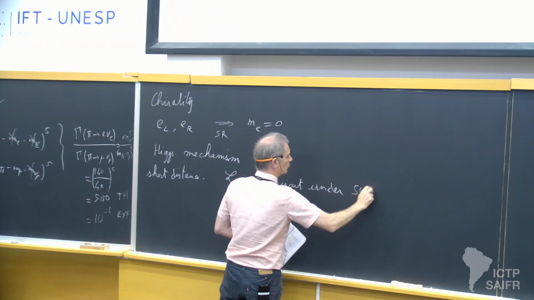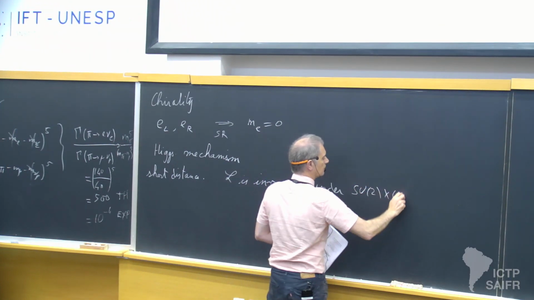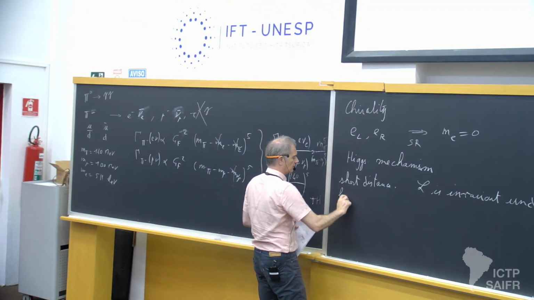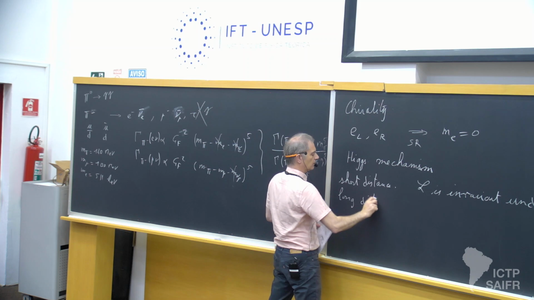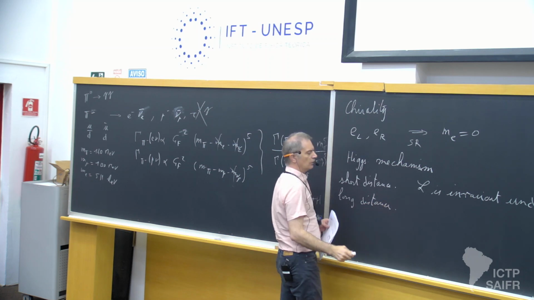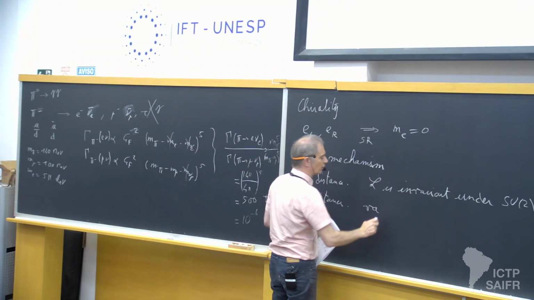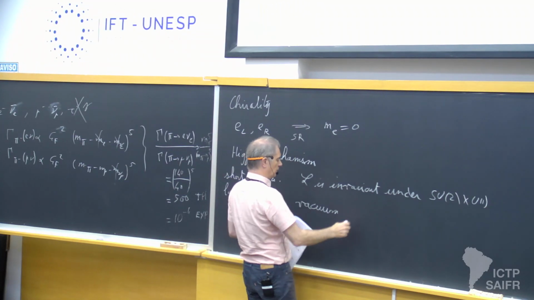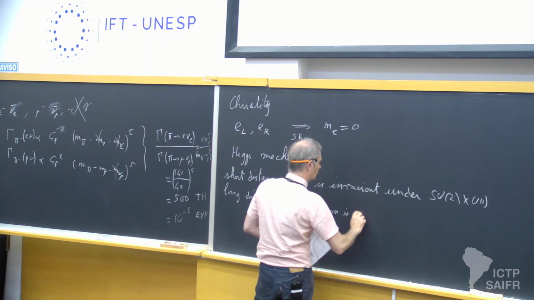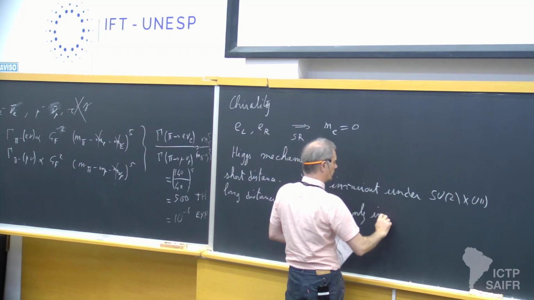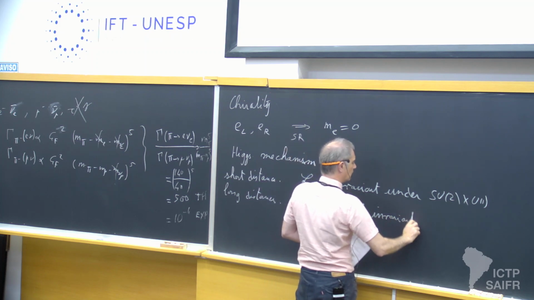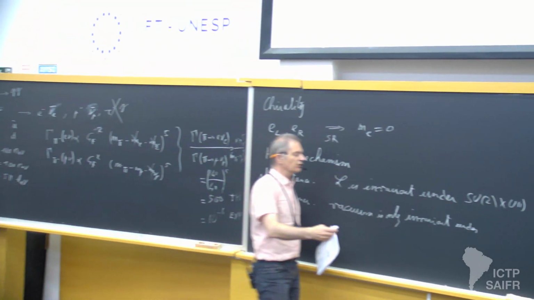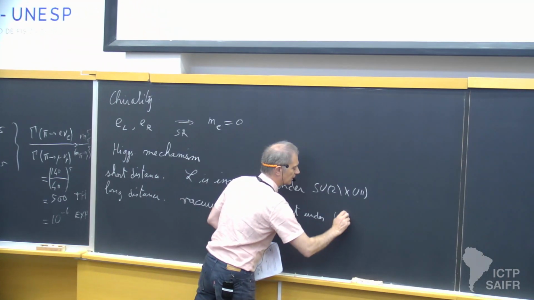But the vacuum, so the long distance, the vacuum is actually breaking some of those symmetries. So the vacuum is only invariant under a subgroup of SU(2) cross U(1), which is nothing else actually than the U(1) of electromagnetism.